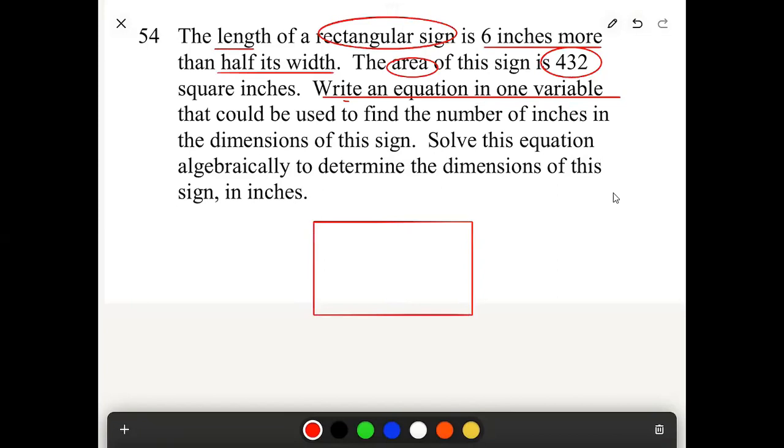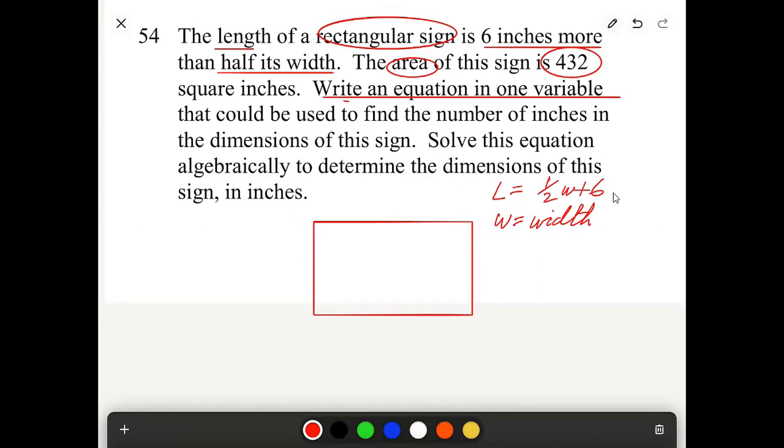Okay. First thing, it says that the length is equal to 1/2 the width plus 6. So it says 6 inches more than half its width. So W stands for the width, and the length is 6 more than half its width.